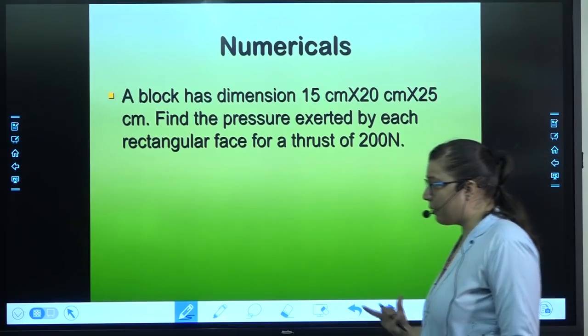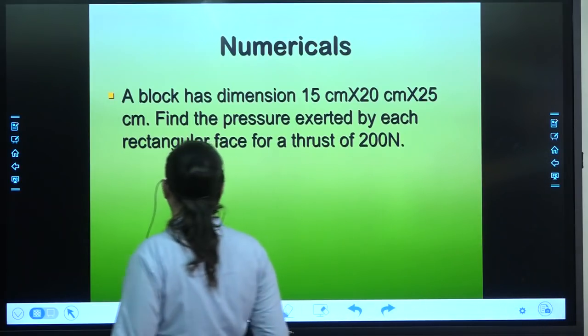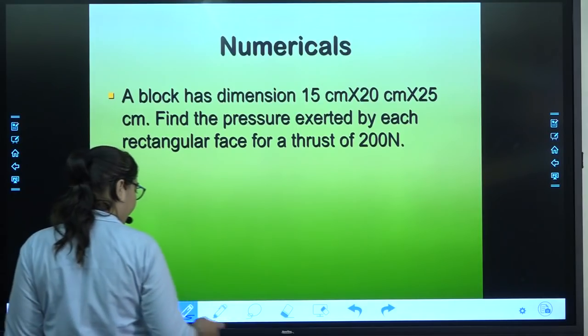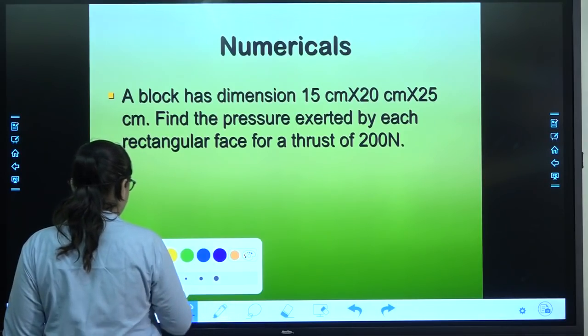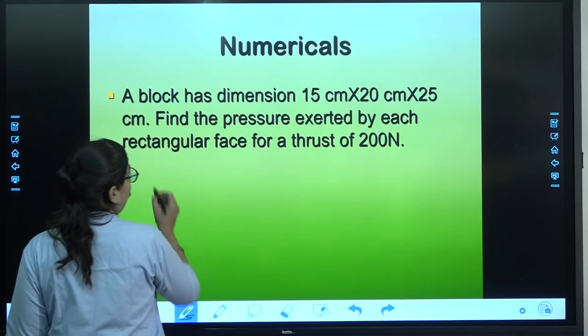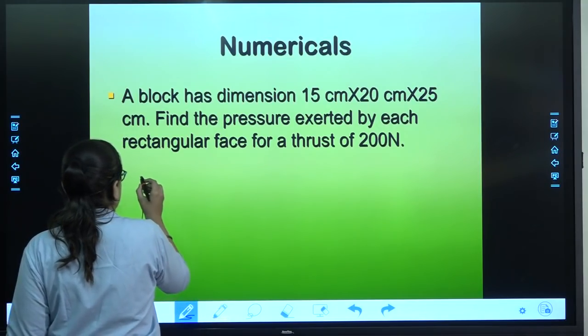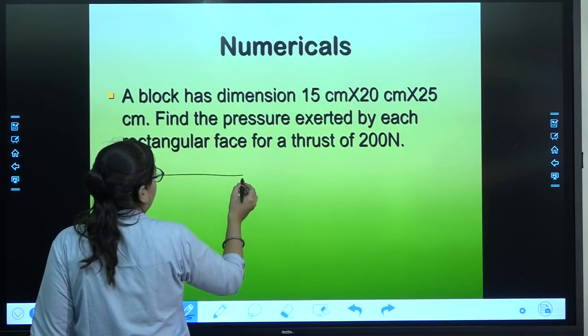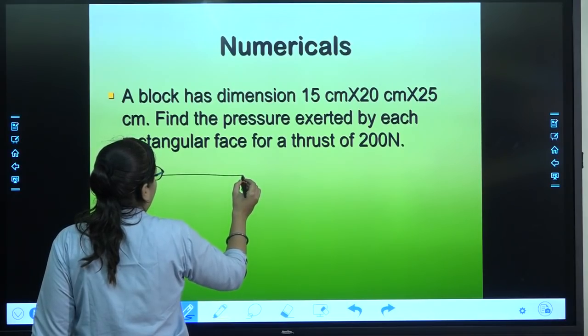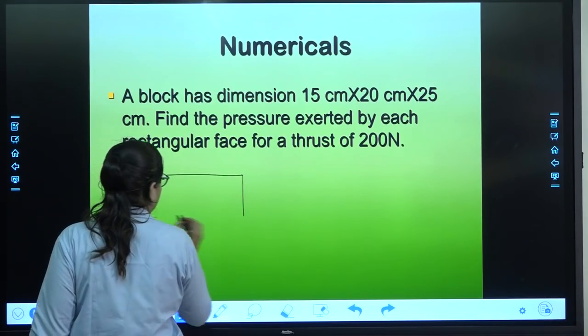I will draw the diagram over here and the numerical will be done on the board. Here it is. You have a rectangular block.